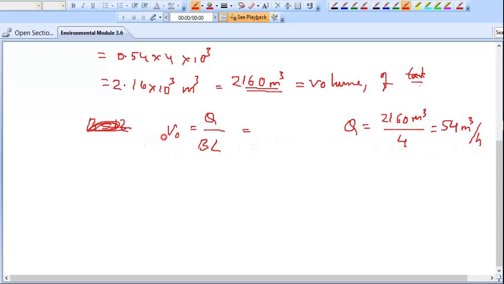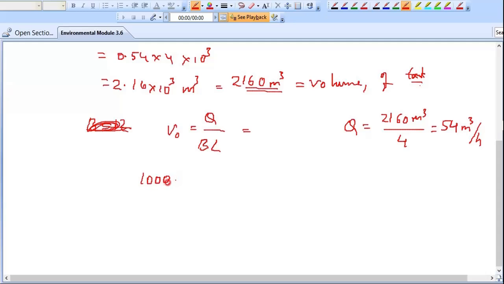Then V naught is assumed as 1000 liter per hour per meter square. I will convert liter into meter cube.